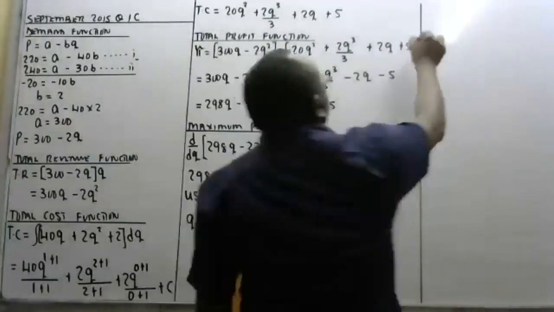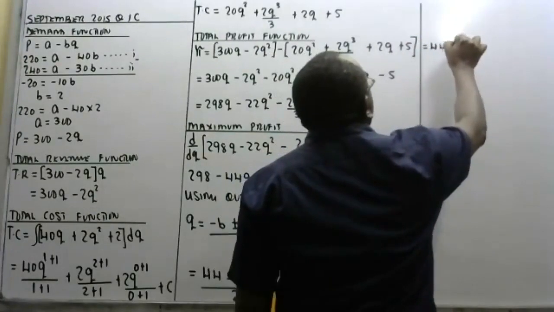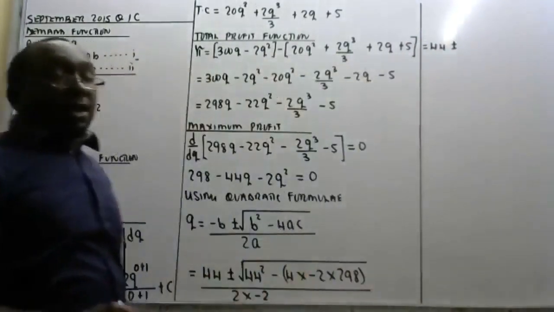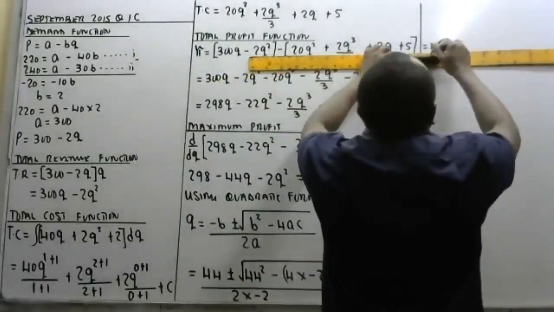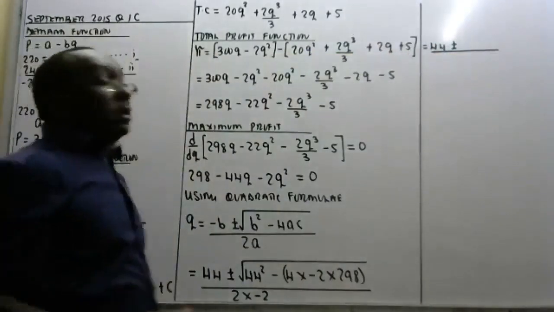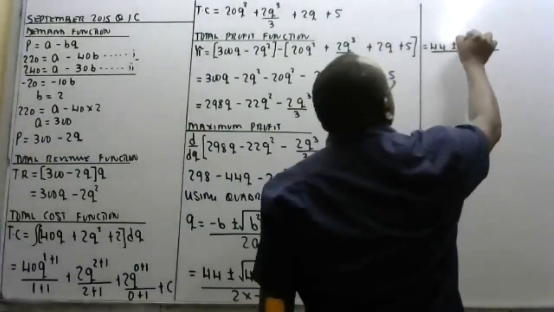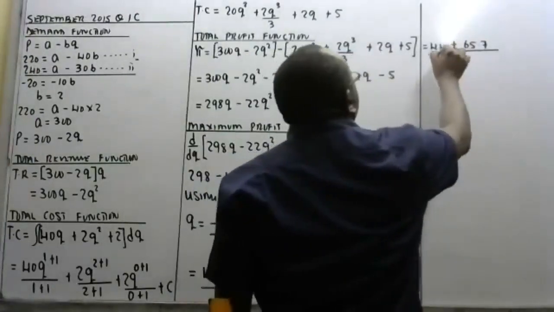So this proceeds to become 44 plus or minus. Give me what is at the square root. 65.7. You divide by minus 4.